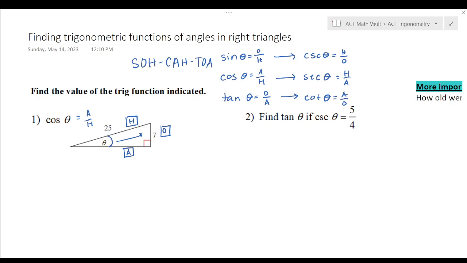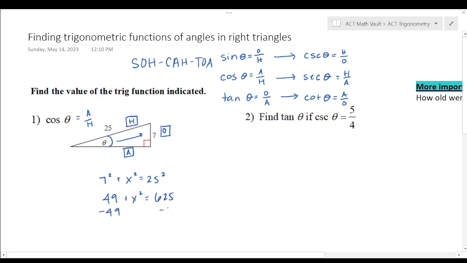So what we can do is think about a way to solve for the a, and that is Pythagorean theorem. So let's say 7 squared plus, and then we'll call this x squared equals 25 squared. And I can just use Pythagorean theorem, or if you're really good, you would know the Pythagorean triples. So 25 squared minus 7 squared, and you do have a calculator. 25 squared is 625.